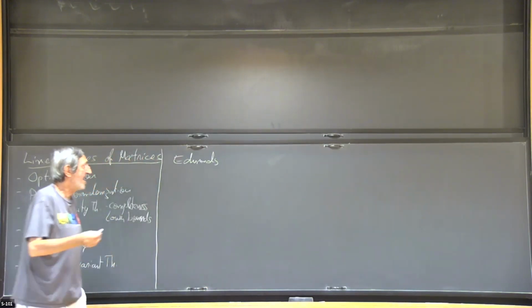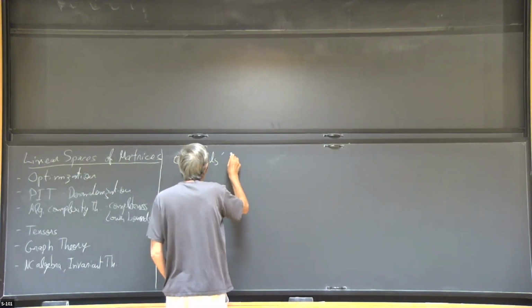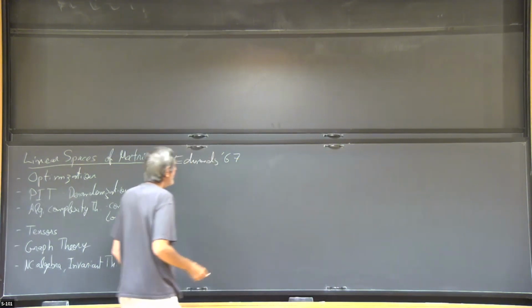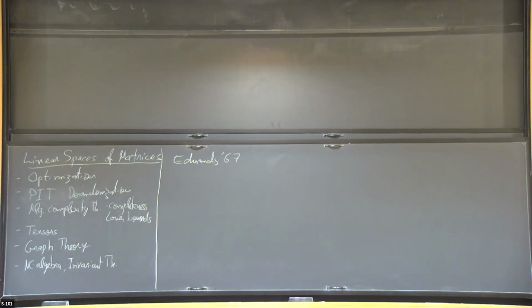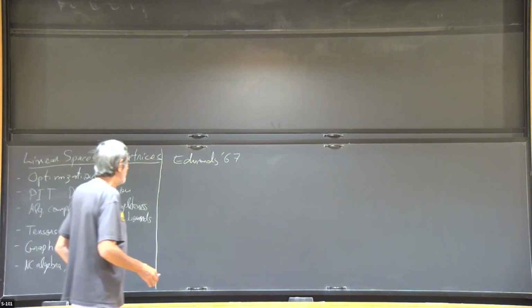one of the pioneers of optimization and algorithms and complexity, in fact, wrote a paper in 1967 in which he suggested an algebraic formulation of the perfect matching problem. So I'm talking about bipartite matching. It will be also something for non-bipartite.